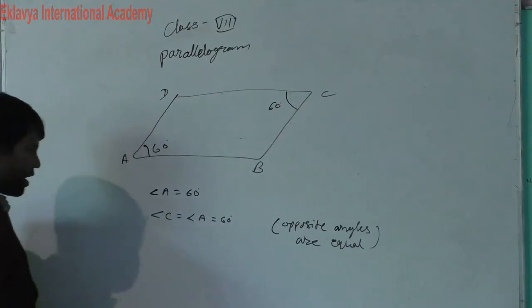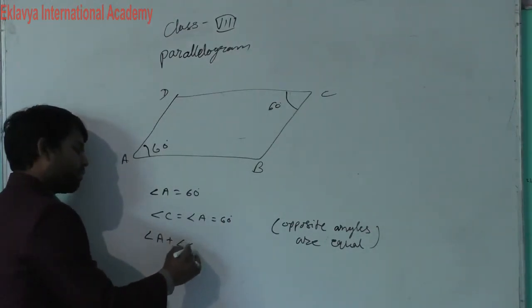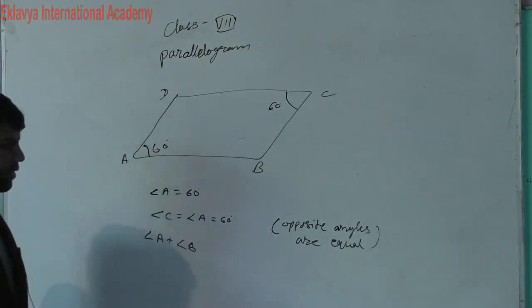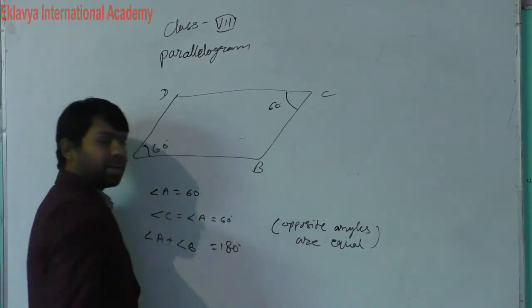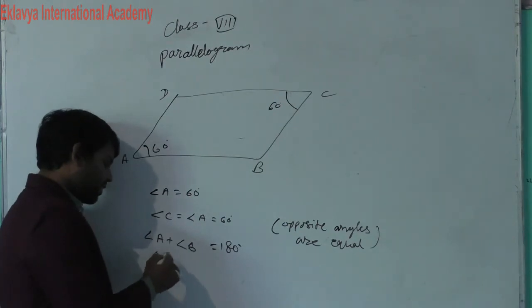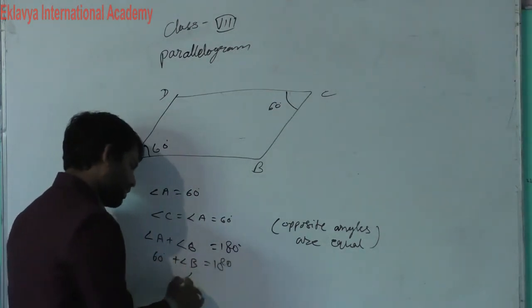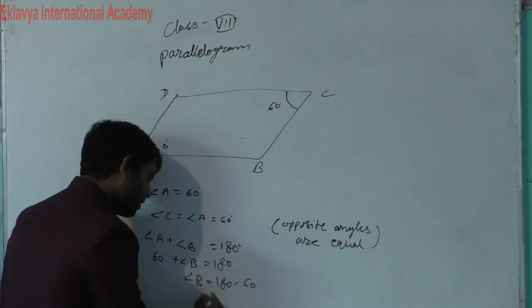And sum of adjacent angles, angle A plus angle B. These are two adjacent angles. Then sum of adjacent angles is 180 degree. Angle A is given 60 degree. We want to find angle B. Then angle B is equal to 180 minus 60.